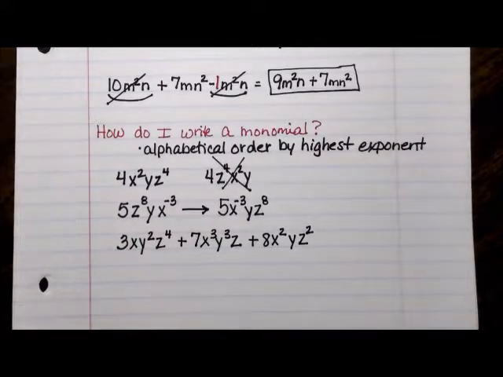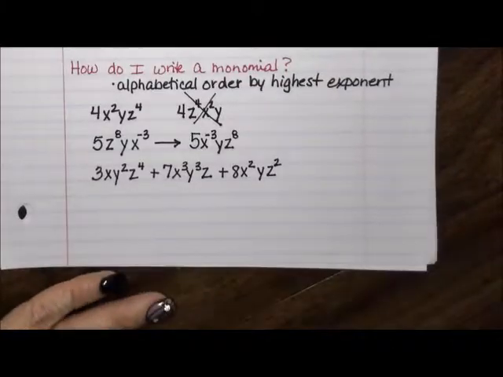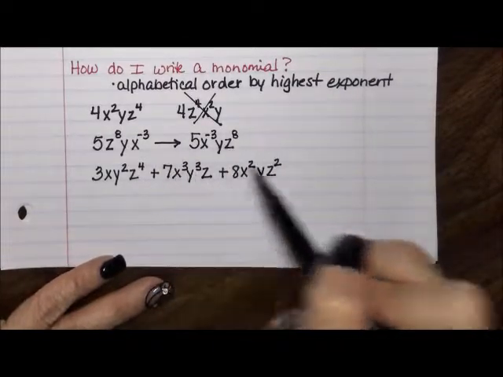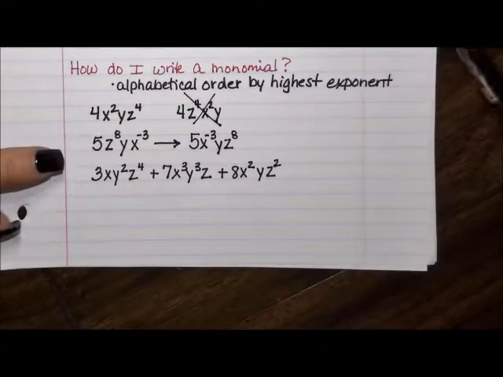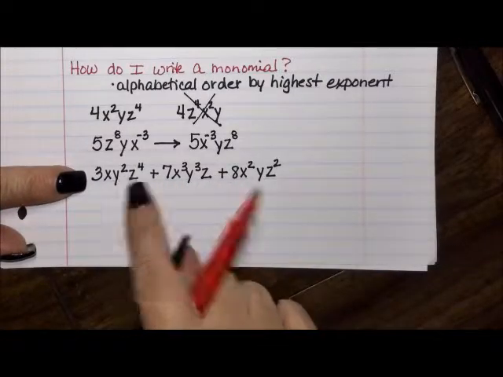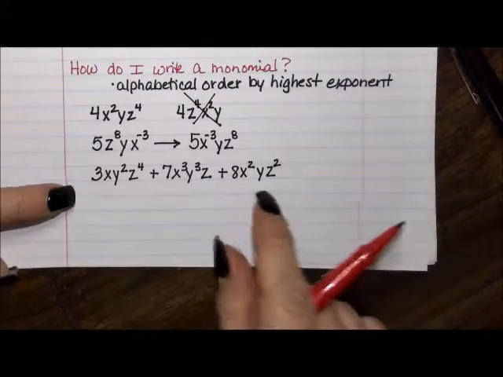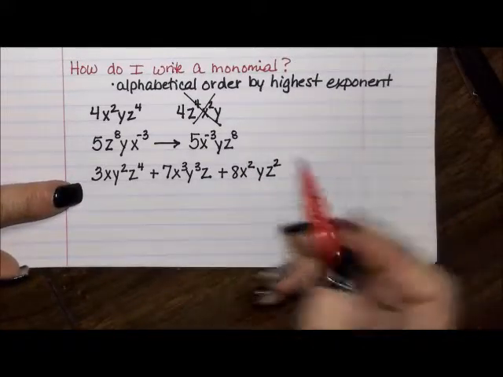So I had to look and see what I was doing on this one. So what I want to do, oh, I can't do that. Let me move that up a little bit. I want to write this correctly. So I need to look and say, alphabetically is it right? X, y, z, x, y, z, x, y, z. Yes, we're good. But what's not correct is the highest exponent first.